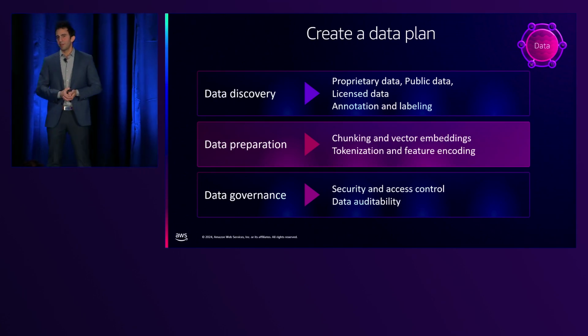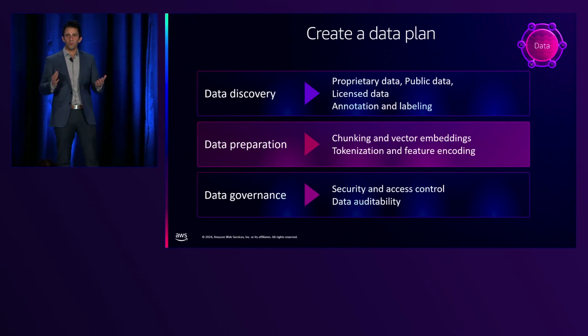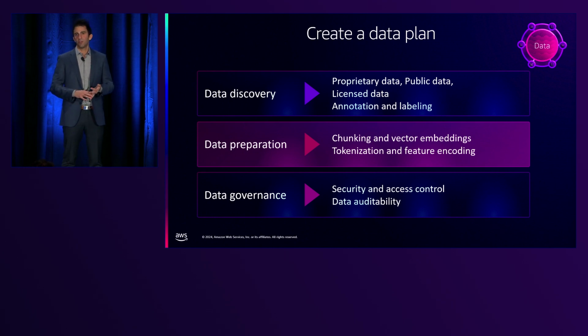On the security and governance side, we talked about some of the tools that we offer, whether it's IAM permissions or lifecycle management to make sure that you adhere to any kind of government or licensed policies around your data.